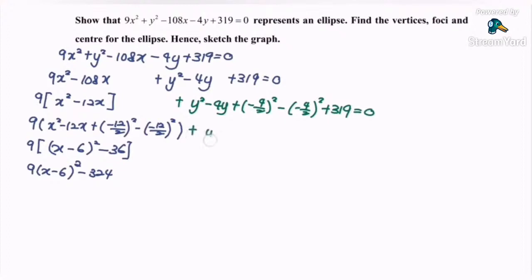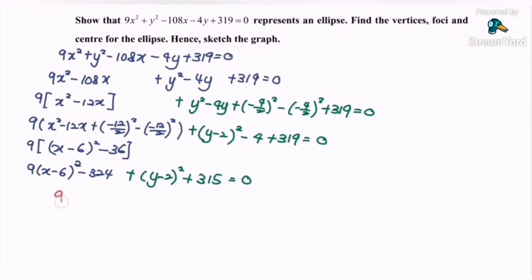Plus y minus 2 bracket squared minus 4 plus 319 equals to 0. So rewrite the situation: plus bracket y minus 2 bracket squared plus 315 after we simplify. So next, what we have to do is to rewrite the situation.